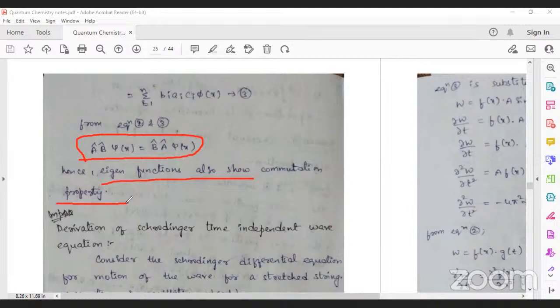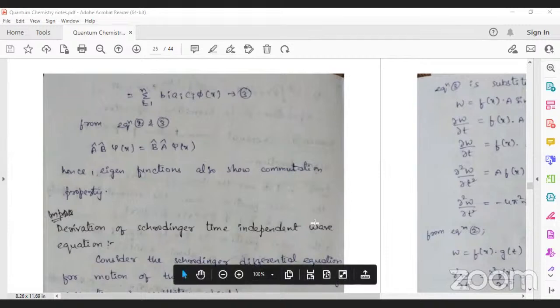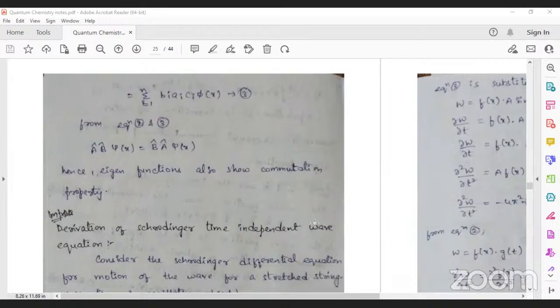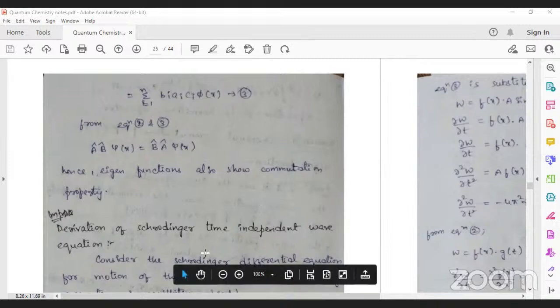So this is the proof of the third theorem, right? So once again we are going to conclude theorem 1, theorem 2 and theorem 3.